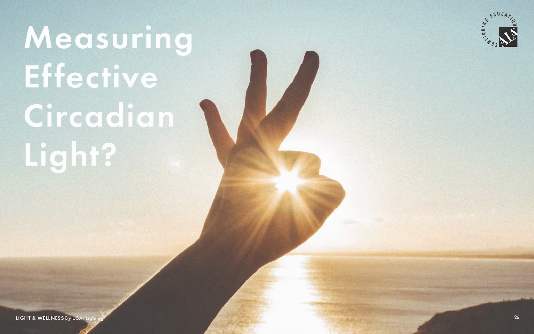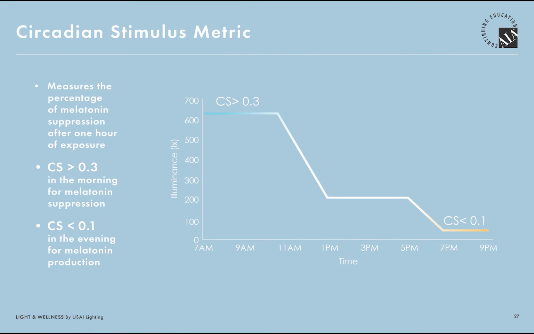We've covered the science behind circadian lighting. So, how do you actually know if you're getting the light you need? Fortunately, there are a few measurable metrics that are now available. One of them is from the Lighting Research Center, and it's called the circadian stimulus metric. The circadian stimulus metric measures the percentage of melatonin that's suppressed after 1 hour of light exposure.